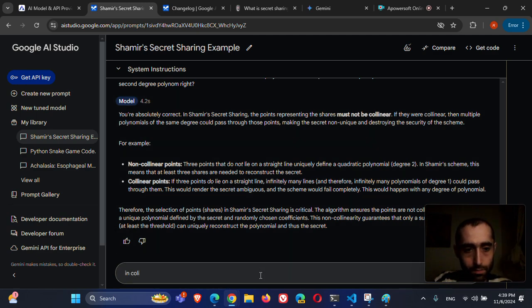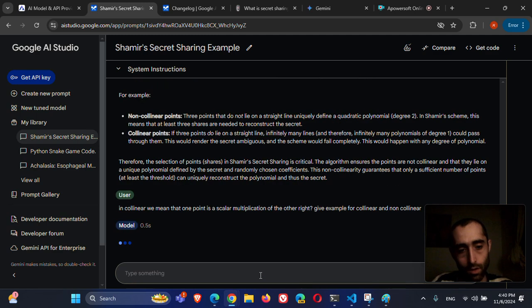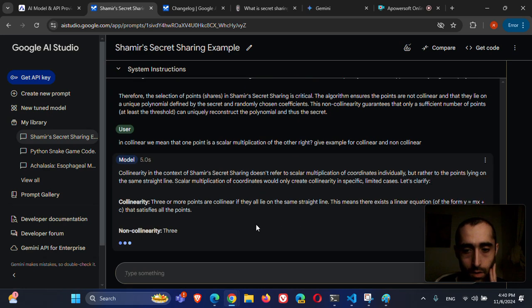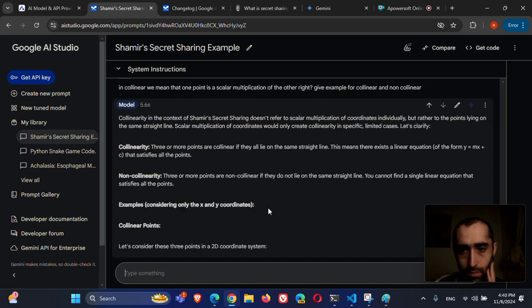And by collinear we mean that one point is a scalar multiplication of the other, right? Give an example for collinear and non-collinear. Rather, collinear means the points lie on the same straight line, not scalar multiplication of coordinates.